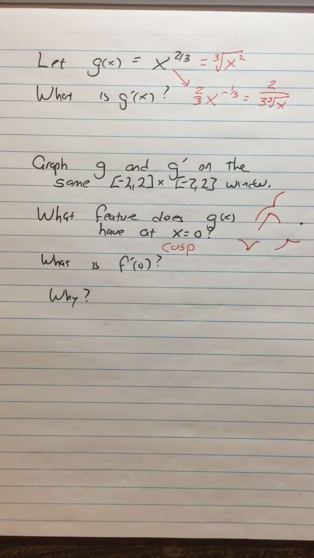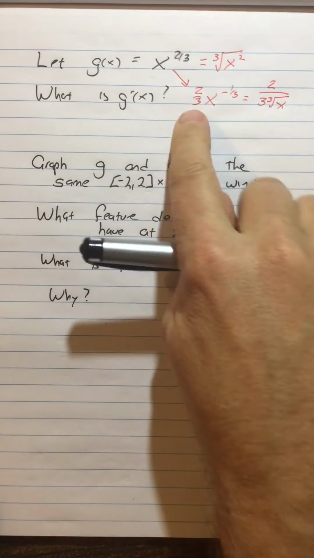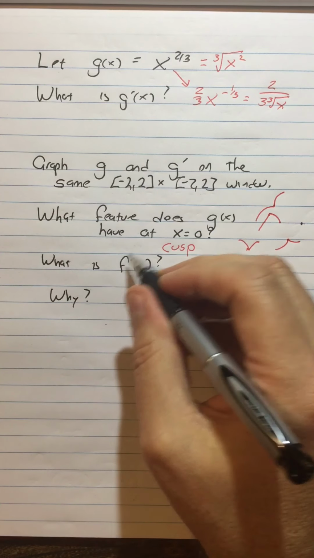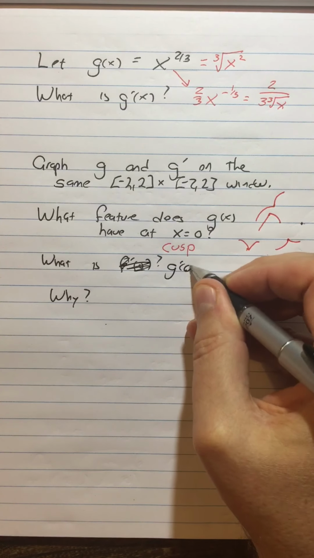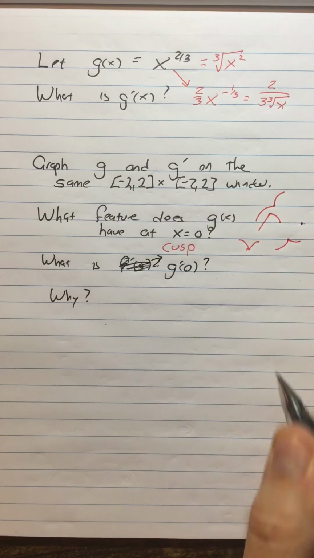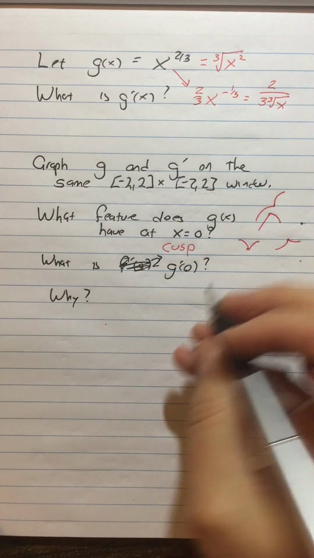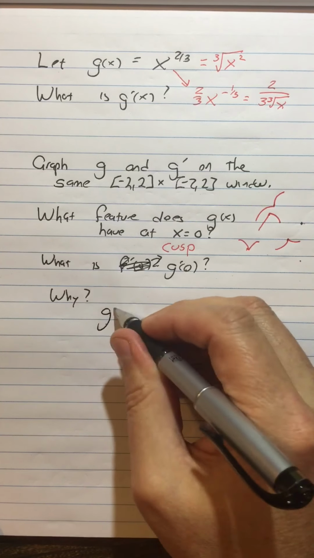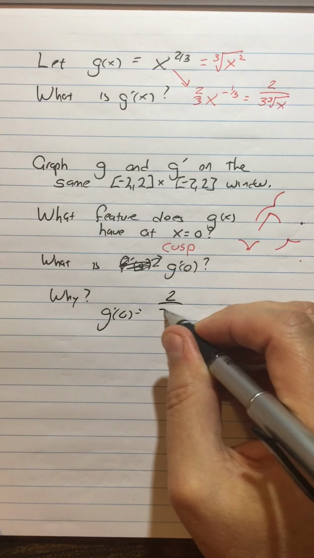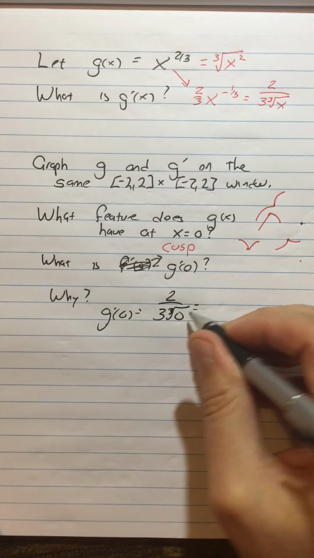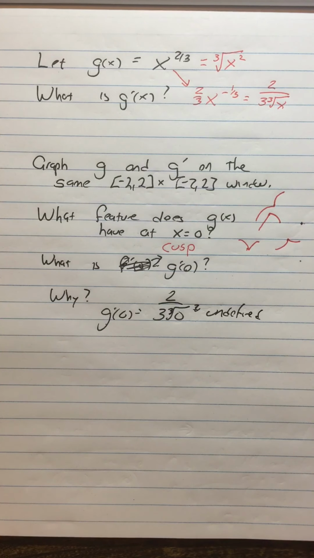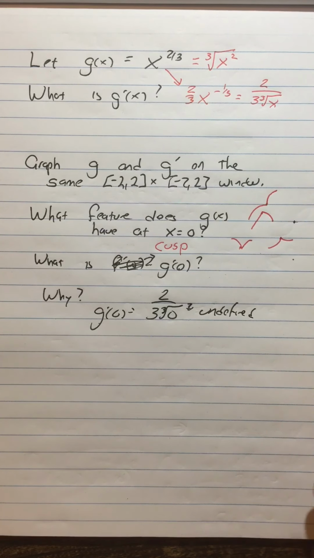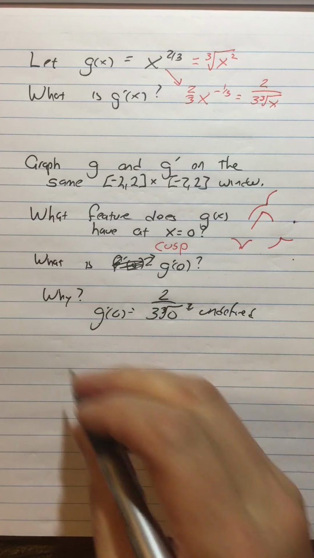All right, so what's g prime of 0? Hopefully you answered the correct question, which is what is g prime of 0? All right, g prime of 0 is 2/3 cube root 0, so that's undefined. So basically we're looking at another reason why g prime might not exist.